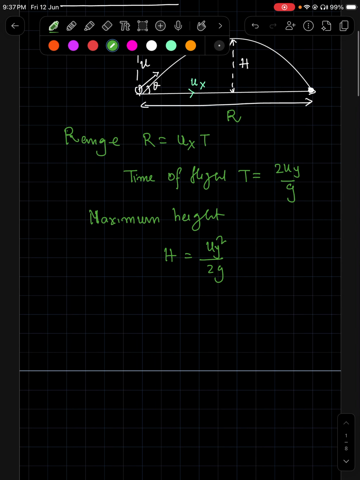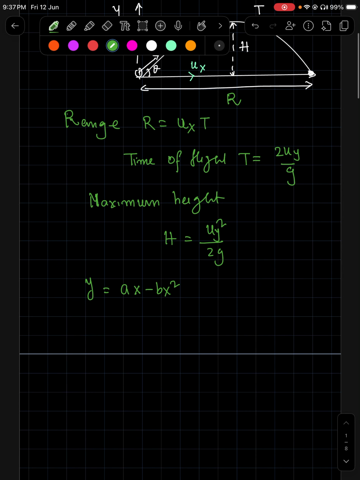And the last one is the equation of the trajectory, which is given by y equal to ax minus bx square. And since we have found that a by b equals the range of the projectile, I have rearranged those terms to get y equal to ax into (1 minus x by R). So this is the equation of the trajectory.